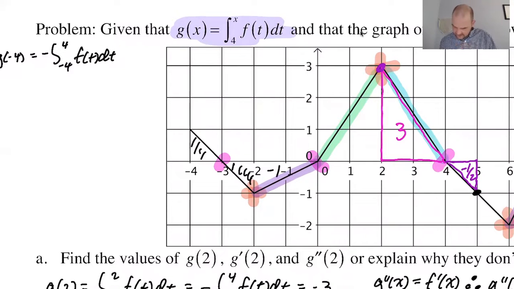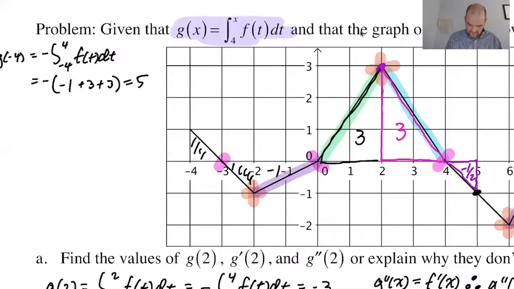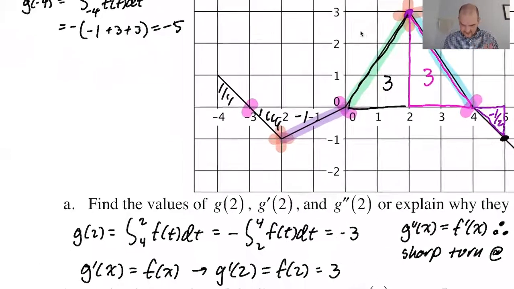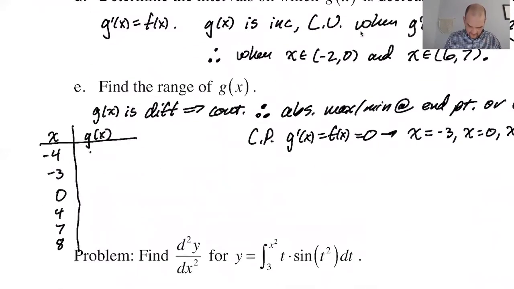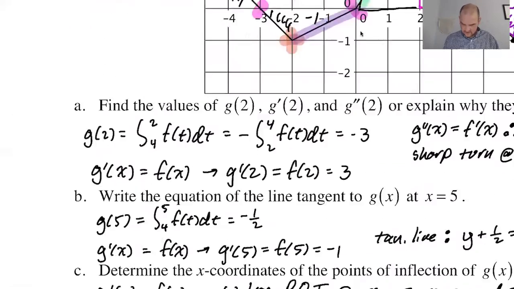And then what is this full thing here? Well, this is 3. So that's negative 1. I'll write it out. It's the negative of negative 1 plus 3 plus 3. So I think it's 5. Well, negative 5. I think that's what you get at negative 4. I think it's negative 5.